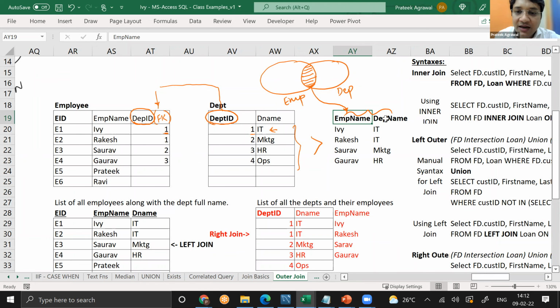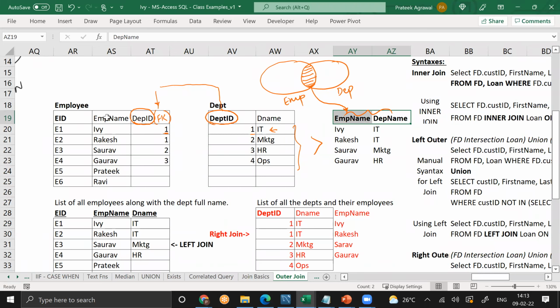And this department name will come from which table? The department table. And the common column would be the department ID. That's fine. But I'm just saying, in the report that we're looking for, we need column information from two different tables, right, Faisal?